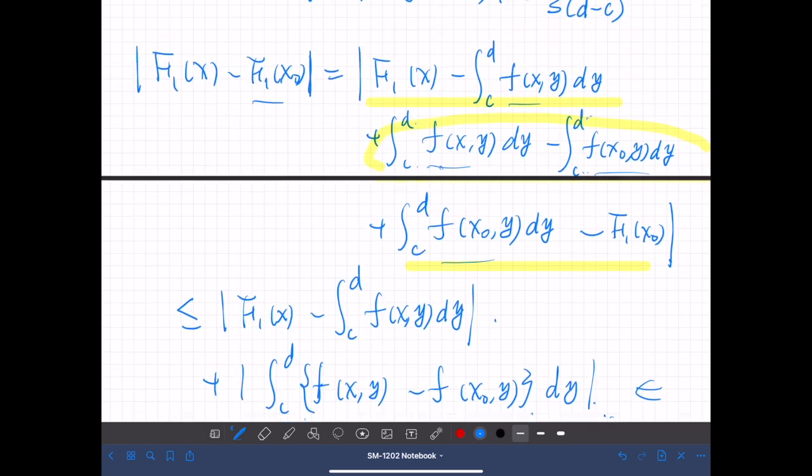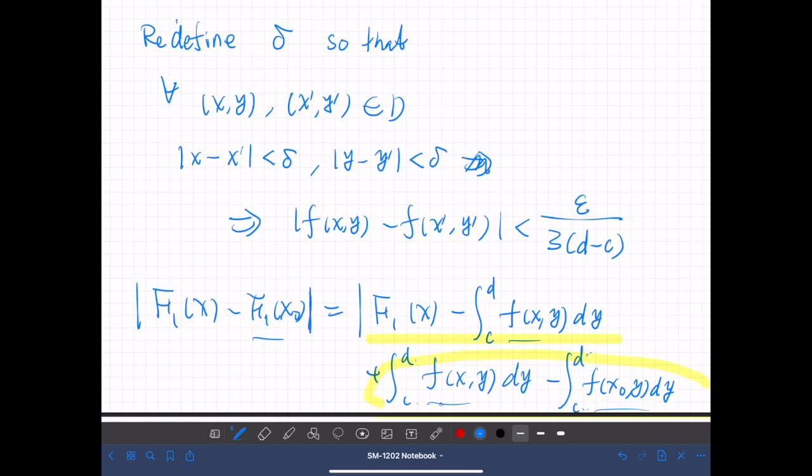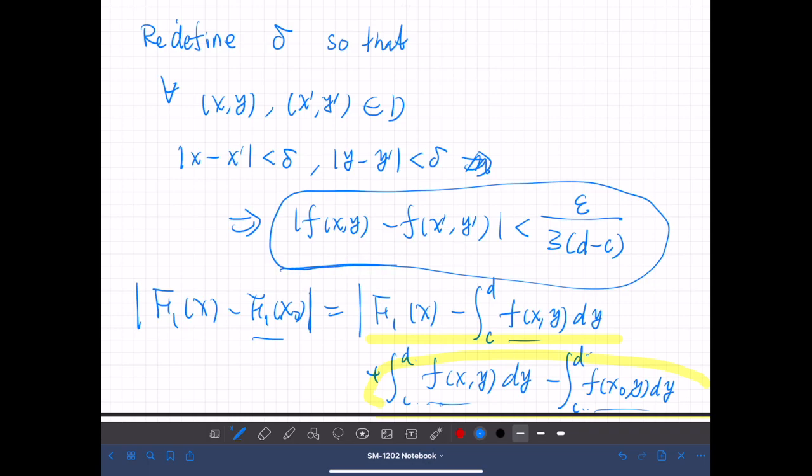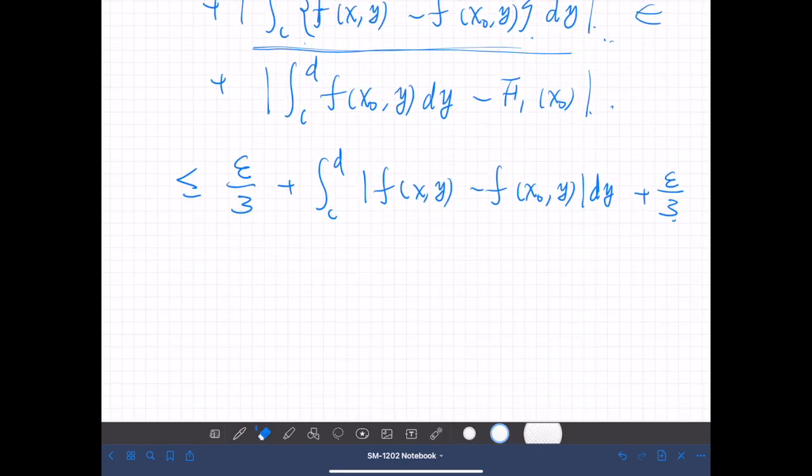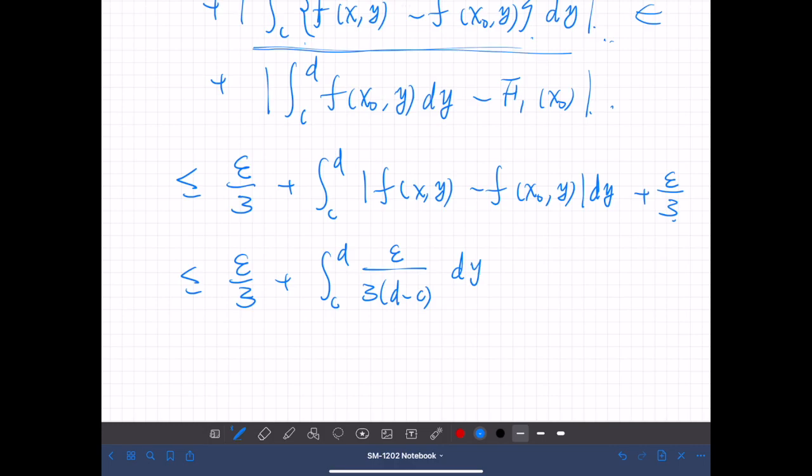And we defined the value of delta so that this inequality holds. So we can now use this inequality, and if we use that, we have the integral from c to d of epsilon over 3 times d minus c dy.